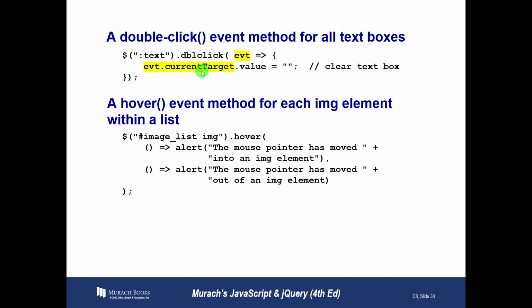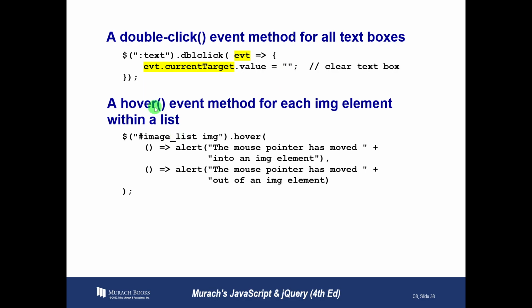So if this was the second text box, it will set the current target value of that text box to blank. So basically, somebody double clicks on the text box, it resets the value of the text box so they can type a new value in there. So rather than having to click in the text box and do the backspace key or select all the text and hit delete, they can just double click on the box and it'll set its value back to null, back to nothing.